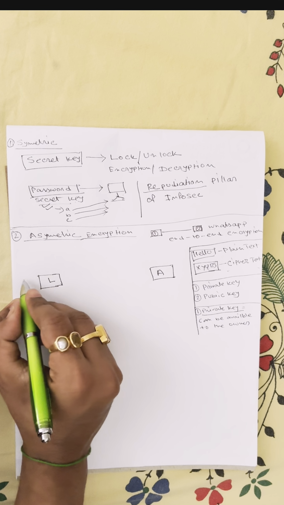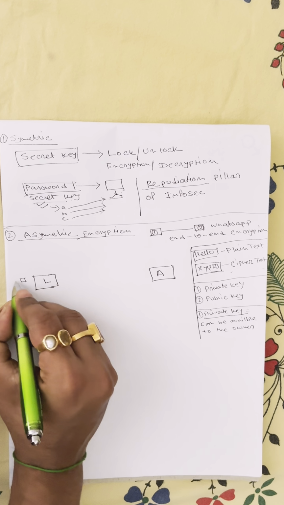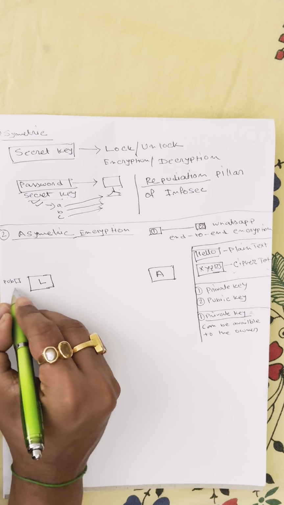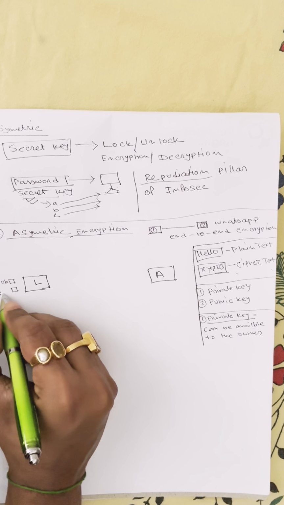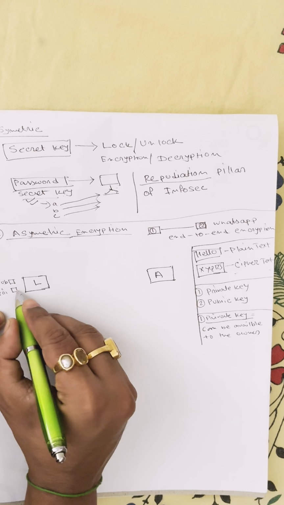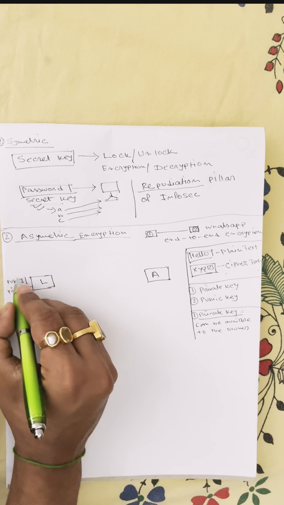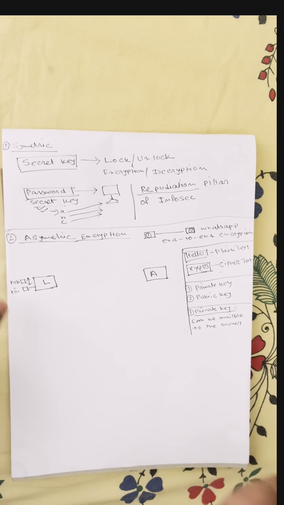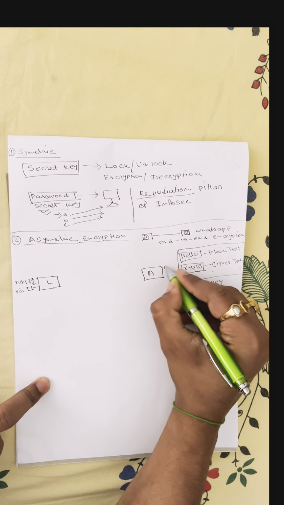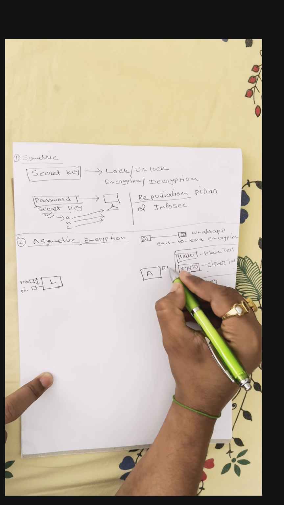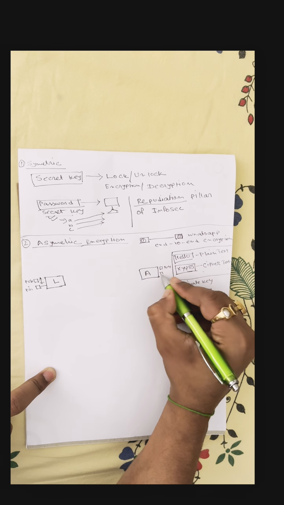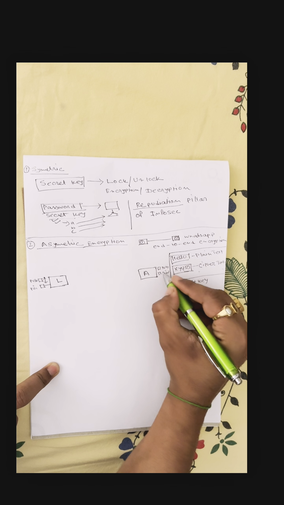Louis has 2 keys, one public, one private. First of all, these 2 keys are interrelated. Similarly, Ankit has 2 keys, public and private, and these 2 keys are also related.